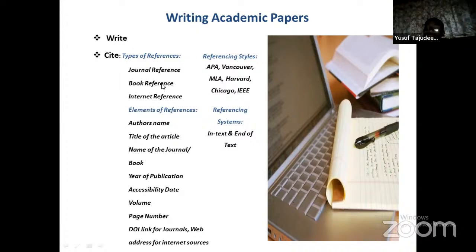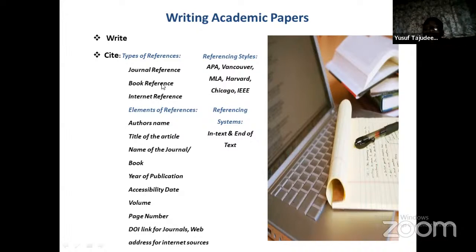We have different referencing styles which are used in academic writing. The first is APA. APA is normally used in social sciences, such as psychology and education. So you have the in-text citation and the end-of-text reference list, and there is a way to write these.